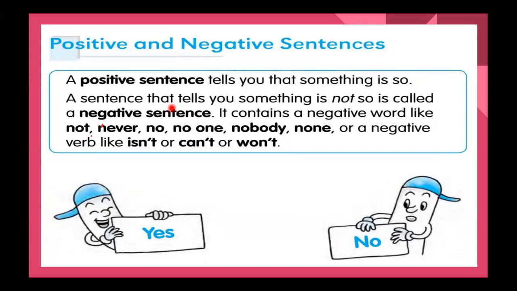A sentence that tells you something is not so is called a negative sentence. It contains a negative word like not, never, no, no one, nobody, none, or a negative verb like isn't or can't or won't. Right.